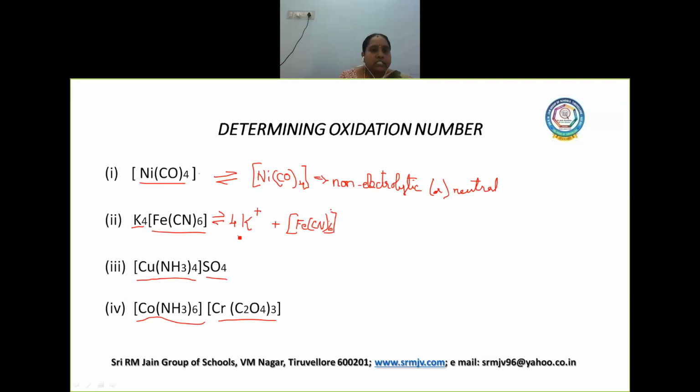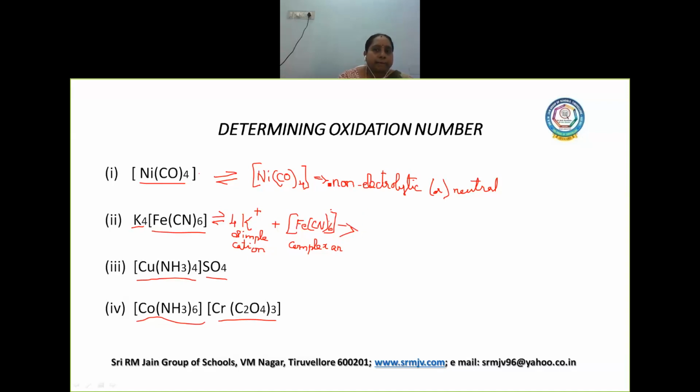Now in this, potassium is a simple cation, whereas this ferrocyanide is a complex anion, because it cannot be dissociated further.